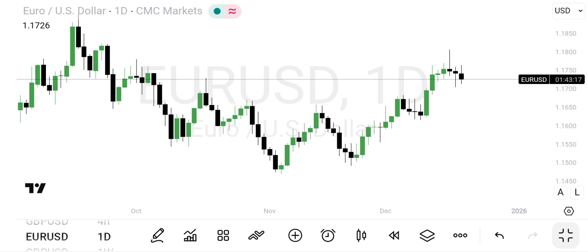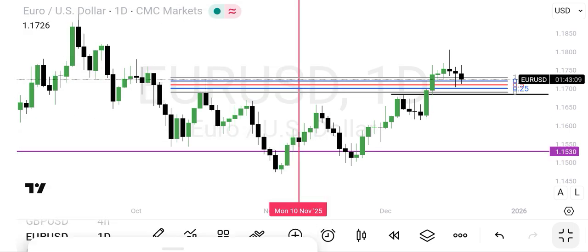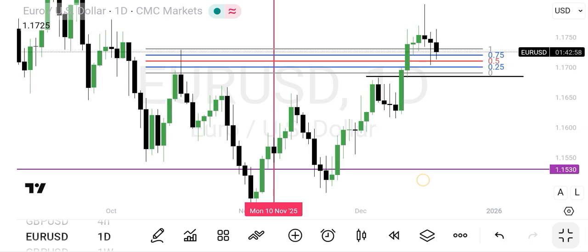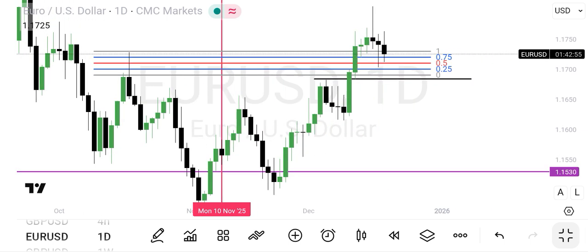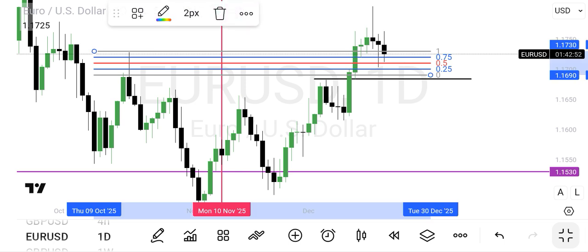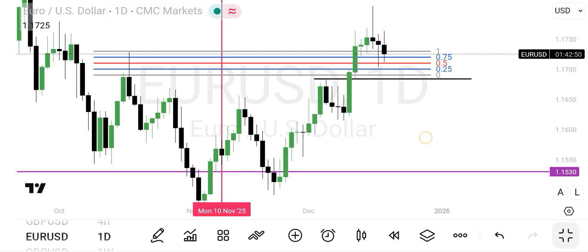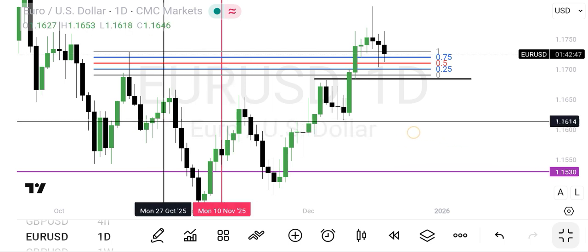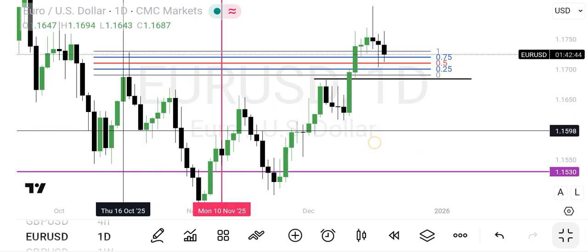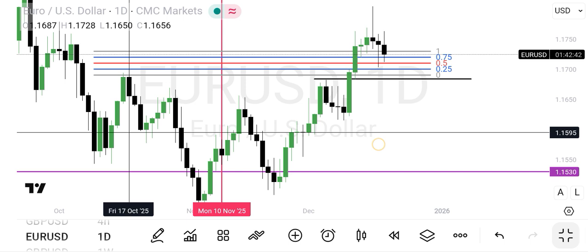So let me hide my drawings. The purple line there is a weekly PD array, and the gradings that I've made on the week that was found on Thursday 16th, Friday 17th October.